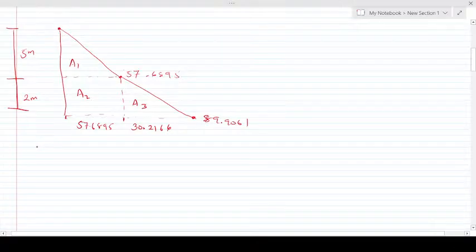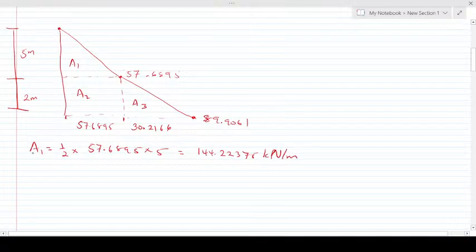So A1 is equal to half. This A1 is a triangle, so half times the base 57.6895 times the height, which is 5. And this will be giving us 144.22375 kilonewton per meter, right? A2 is simply a rectangle, so the length times the breadth: 57.6895 times 2.